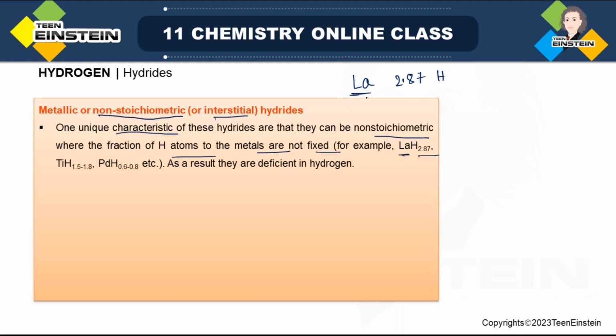Lanthanum has the oxidation state La3+. That is the most common oxidation state. Now, if it is 3+, the normal formula that we accept is LaH3. But see, in non-stoichiometric hydride for lanthanum, the formula is LaH2.87.